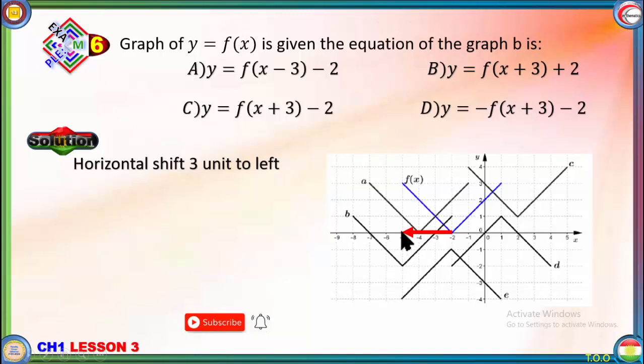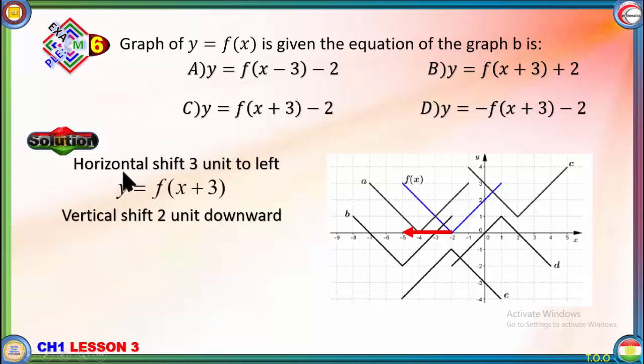And move it downward 2 units. When we move it horizontally 3 units to the left, then y equal f(x) becomes y equal f of x plus 3. And when we move it vertically 2 units downward, y is equal to this function minus 2, f(x) plus 3 minus 2. C is the correct answer.